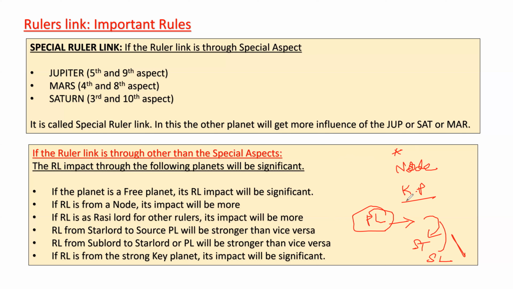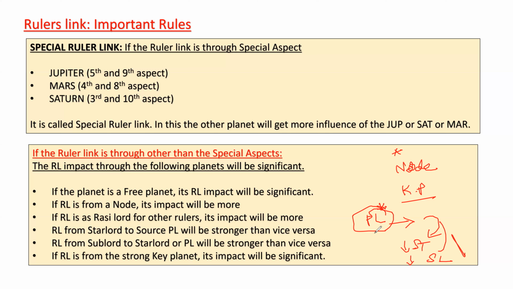So what is the importance of such a study on the ruler's link? As I said, for a good key planet for an event, the planet is favorable. Star lord is having some weakness. Sublord is also having some weakness. It means the planet's favorable strength is not further supported by the star lord and sublord. Suppose the planet is a good key planet and it is a free planet, it means no other planet in its nakshatra, or it is a node planet.